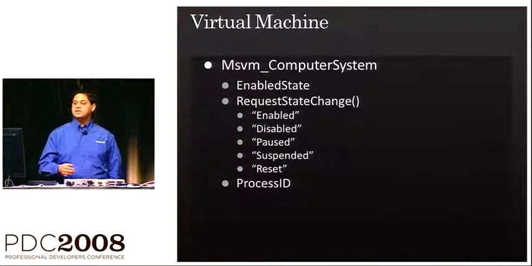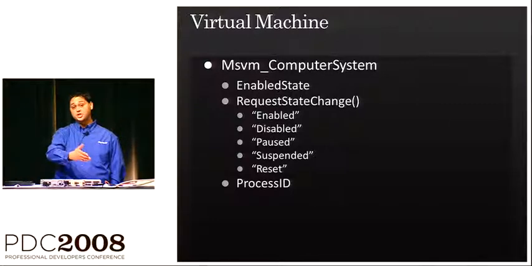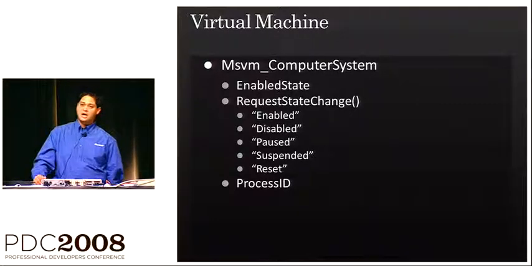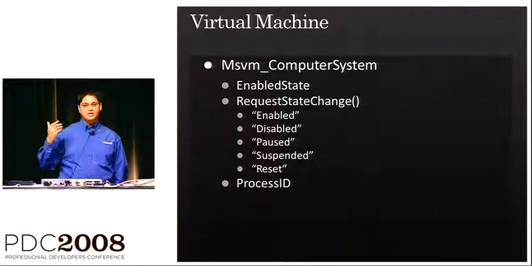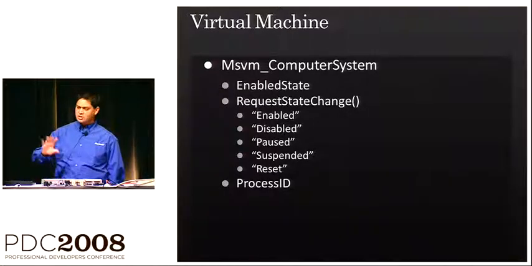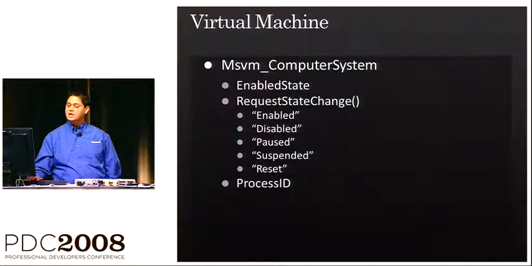Some of the interesting things on the computer system class, especially when we're talking about the virtual machine instances: EnabledState is a property on that class, which basically tells you the state of my VM. Is it running? Is it paused? Is it saved? Etc. It's also got some transitional states in there if it happens to be in the middle of one of those states.